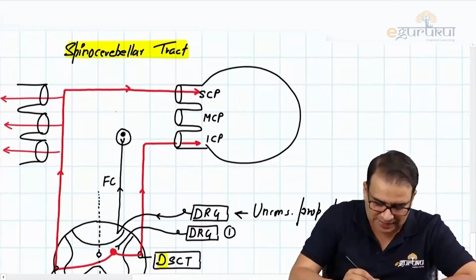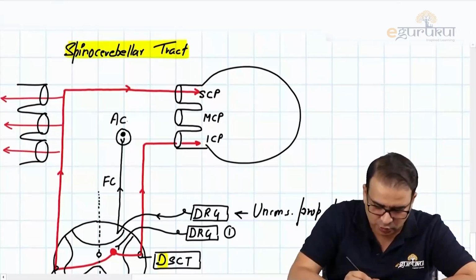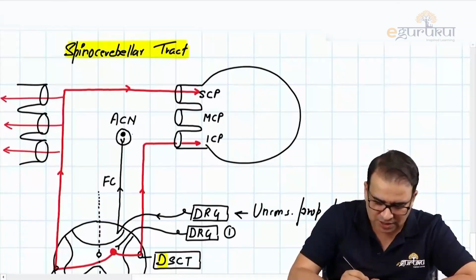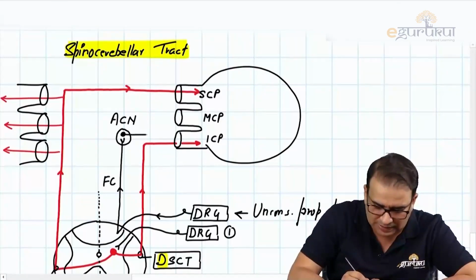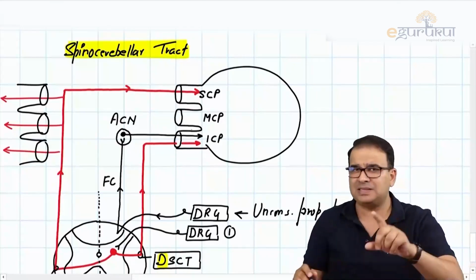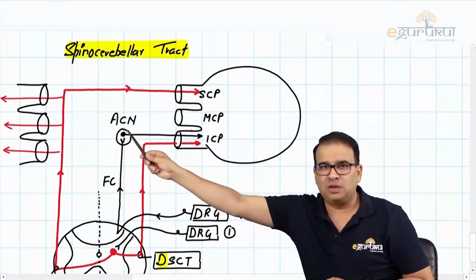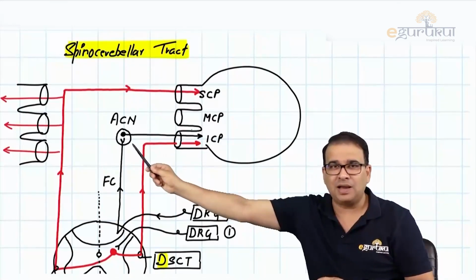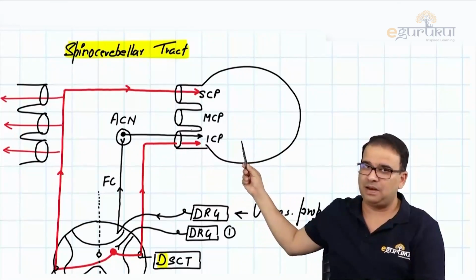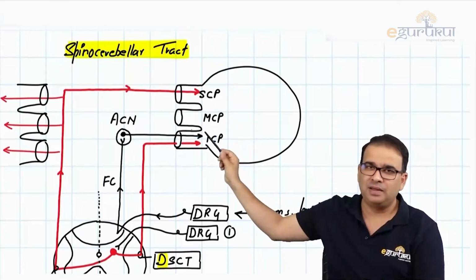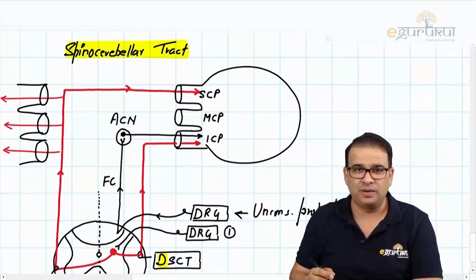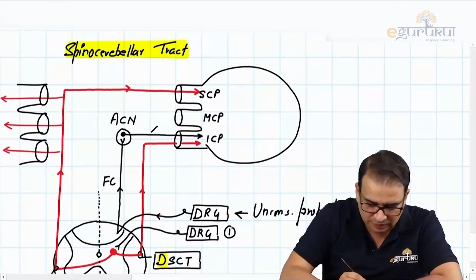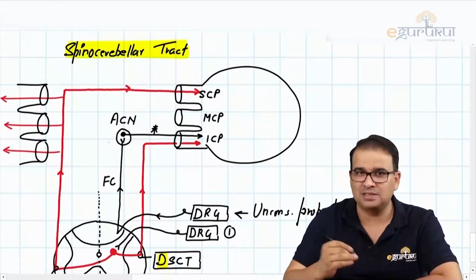So, this here is ACN, the accessory cuneate nucleus, from which the second order neuron will come and they will enter again through the same inferior cerebellar peduncle, which makes sense because accessory cuneate nucleus is present in medulla oblongata, and if a fiber is coming from medulla oblongata and it has to go inside the cerebellum, it obviously will go through which peduncle? Inferior cerebellar peduncle only. So, guys, what should be the name of this tract? It is coming from accessory cuneate nucleus.